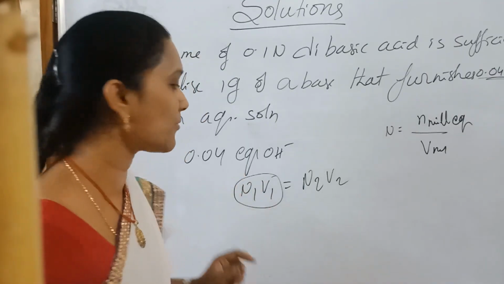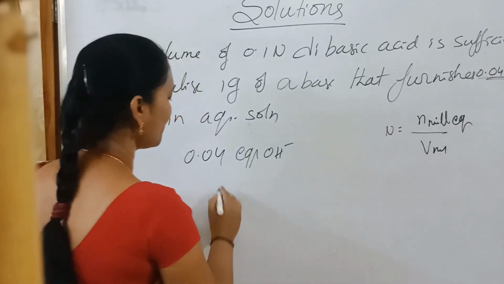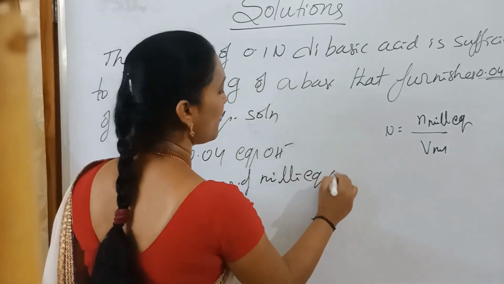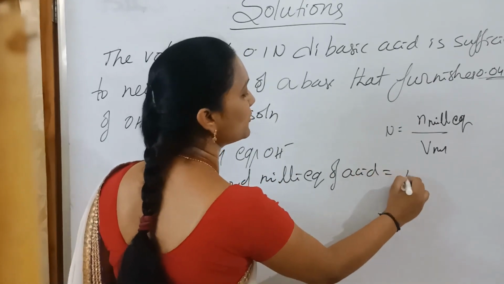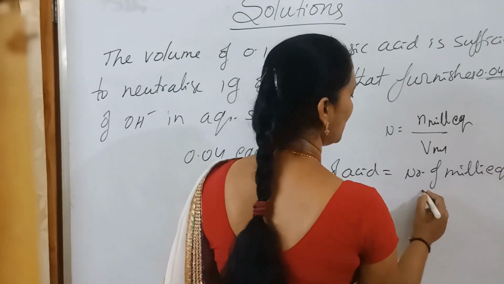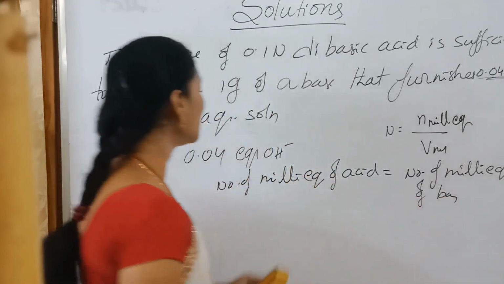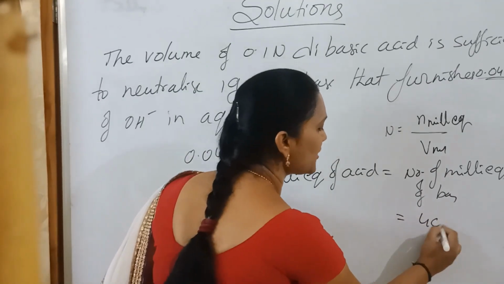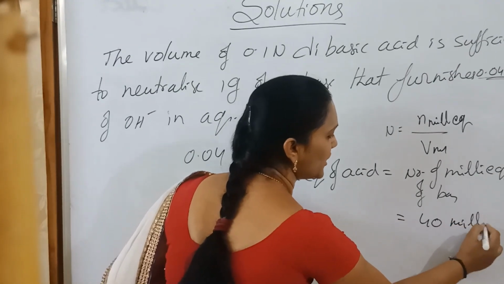So instead of N1V1 = N2V2, we can use: milliequivalents of acid equals milliequivalents of base. Yes or no? We know equivalents times 10 to the power 3 gives milliequivalents, so it is 40 milliequivalents.